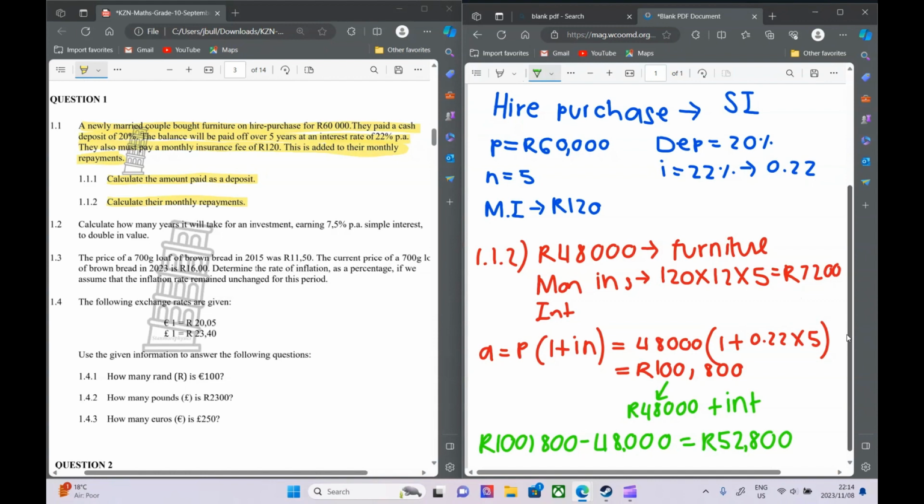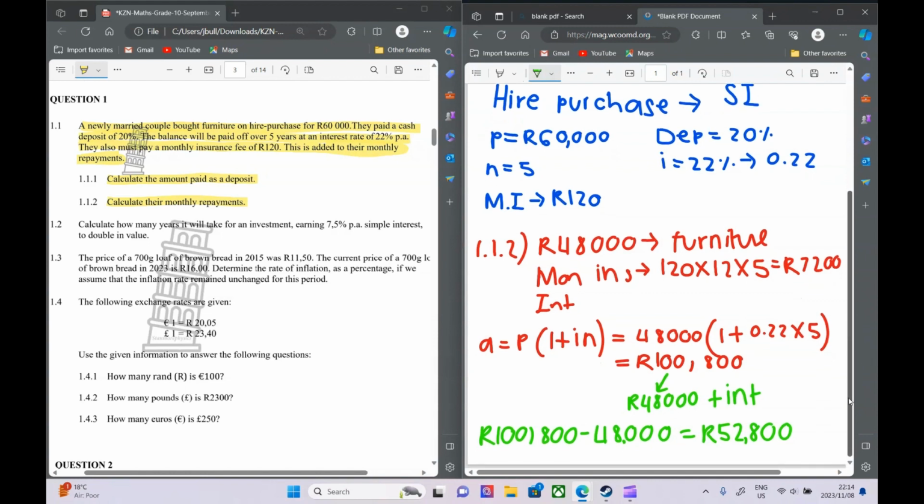Okay, we're getting to the end of this question then. Over these 5 years, in total, they're going to pay 48,000 Rand. They need to pay off the furniture. They need to pay for the insurance. And they're going to pay this interest.